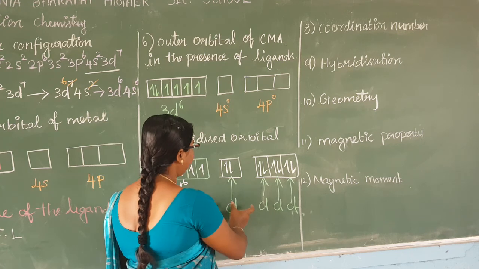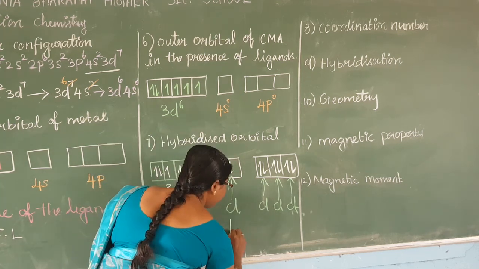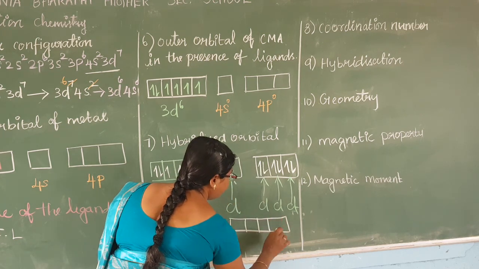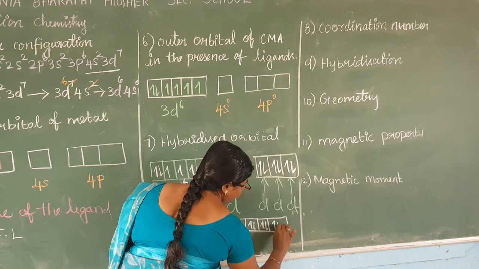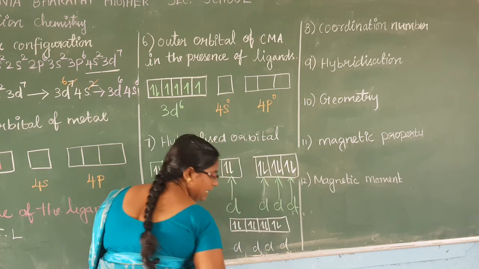If I am writing the hybridized orbital, I will mingle them first. All the Cl, we have 4 Cl ions.